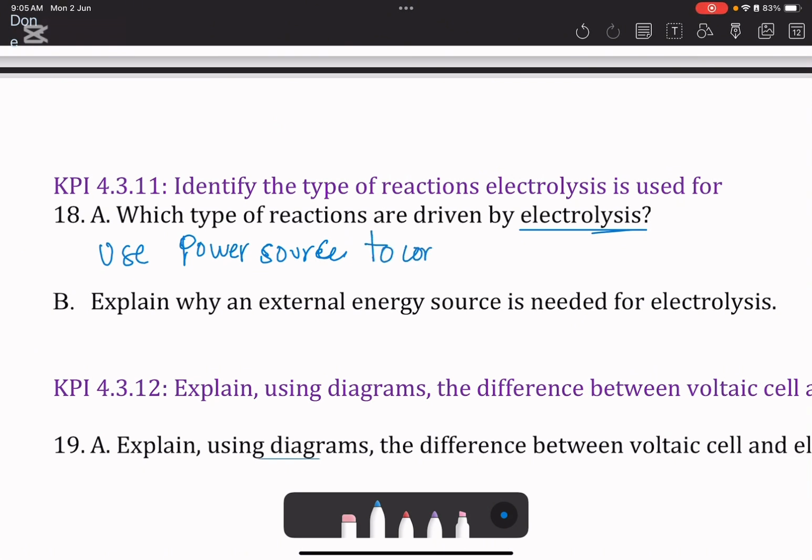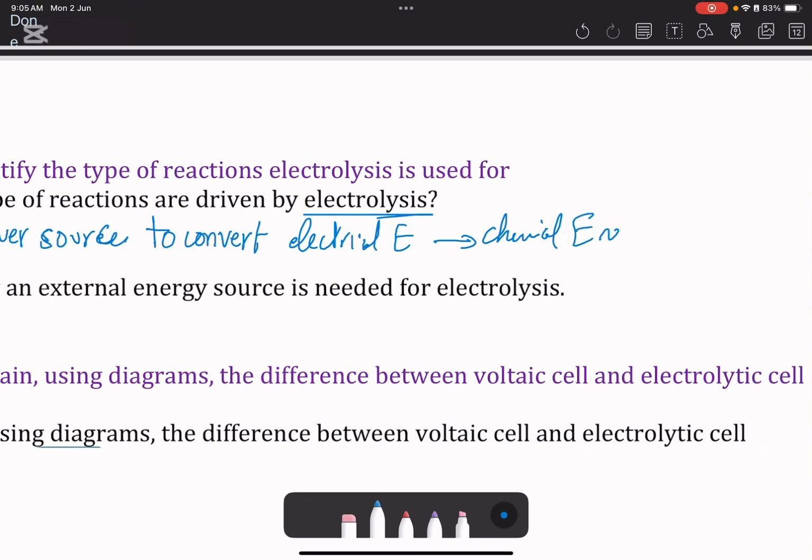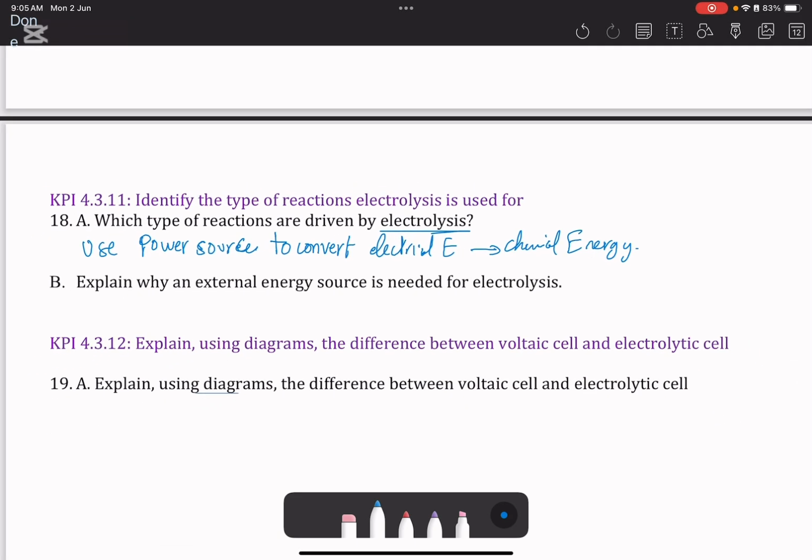So we use a power source to convert electrical energy into chemical energy. Basically we have a reaction that's not going to happen, a non-spontaneous reaction. If we provide it with outside intervention like a power source, a battery, this non-spontaneous reaction will take place.